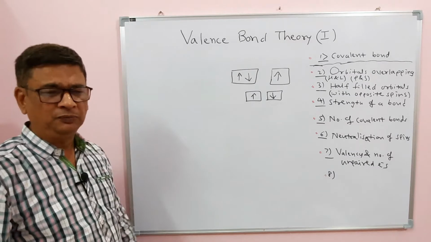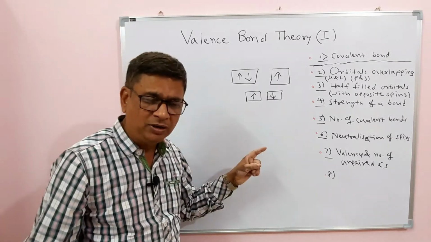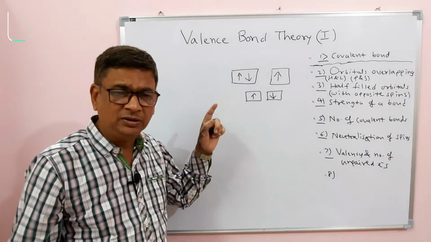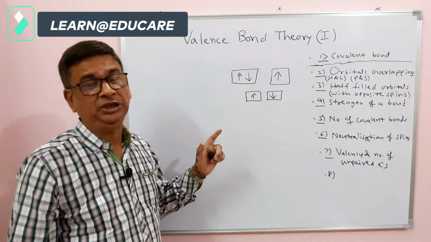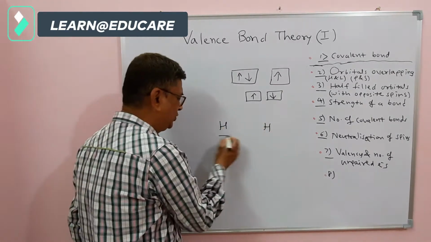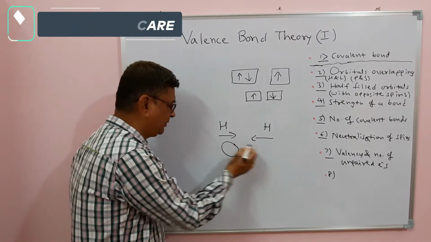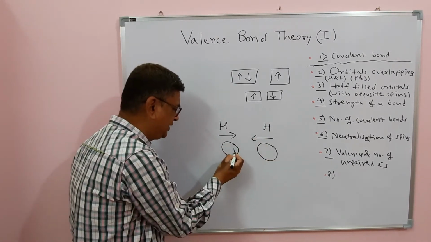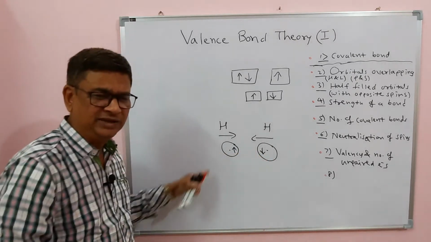According to VB theory, a covalent bond is formed when two half-filled orbitals, with one unpaired electron each of opposite spin, overlap. What happens? For example, when two hydrogen atoms come closer, we know hydrogen has only one s orbital, and their electrons are shown with opposite spin, as you observe here.